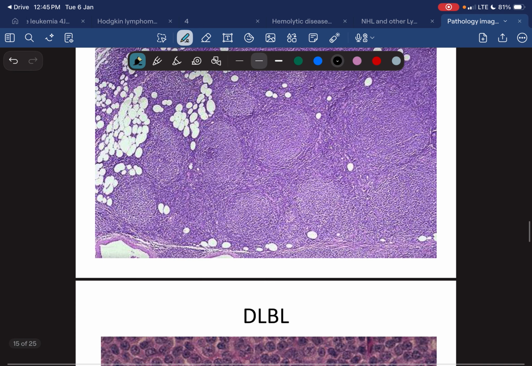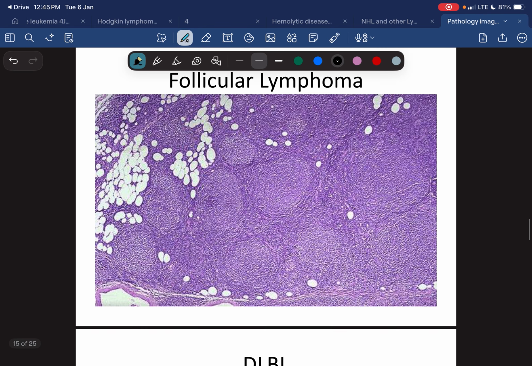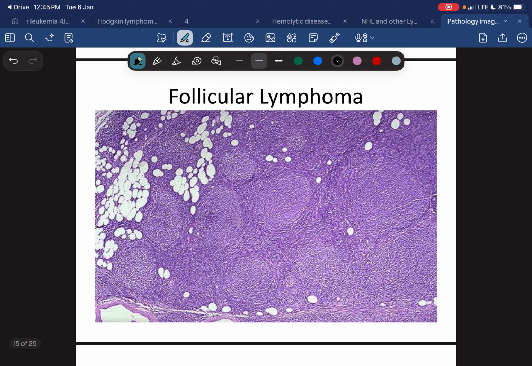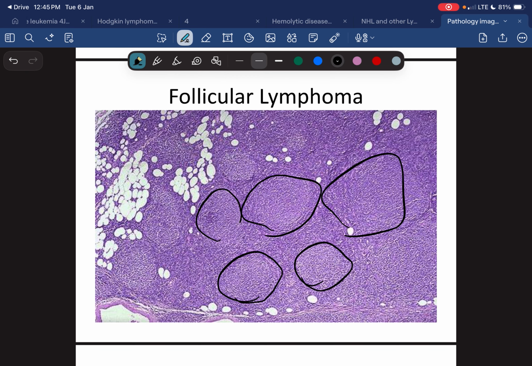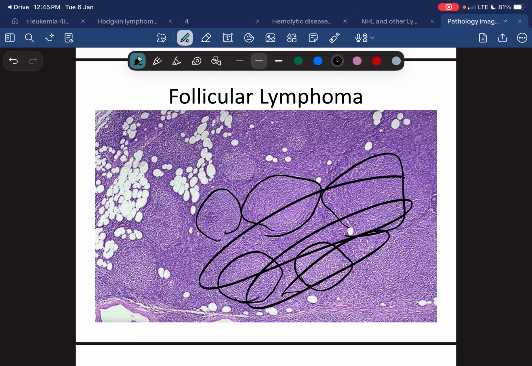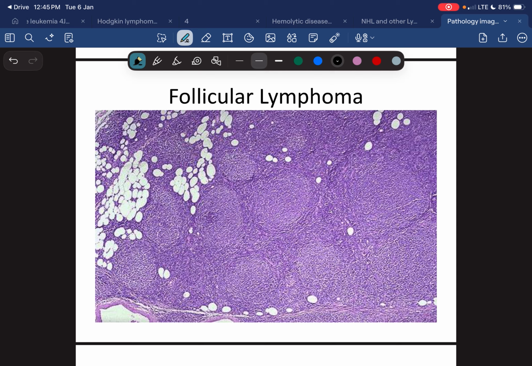Okay, this is another section from a lymph node. We have follicles, but the follicles are monotonous and destroying the normal architecture of the lymph node.